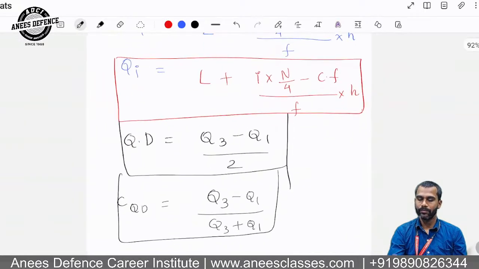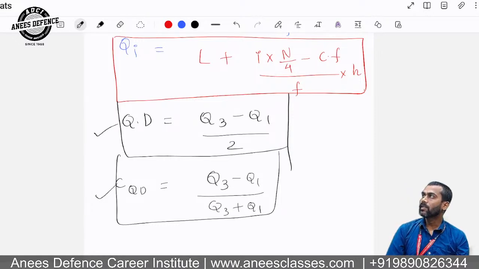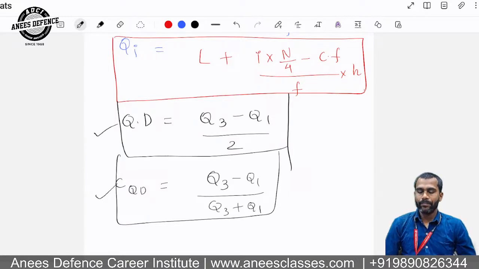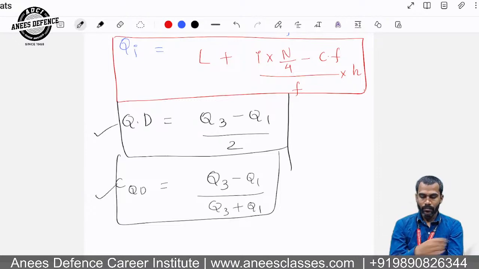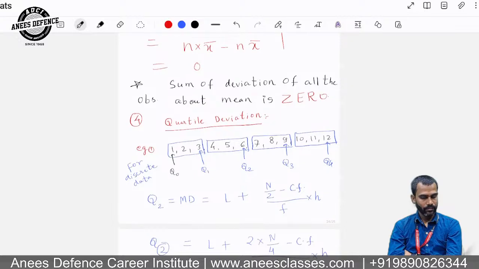Please note them down. For continuous data, and this is for all types of data, you need to find out Q1. For discrete data, I'll tell you the formula, but for continuous, just note it down. Qi is L plus I into n by 4 minus Cf over F into H. All these formulas are for continuous data.